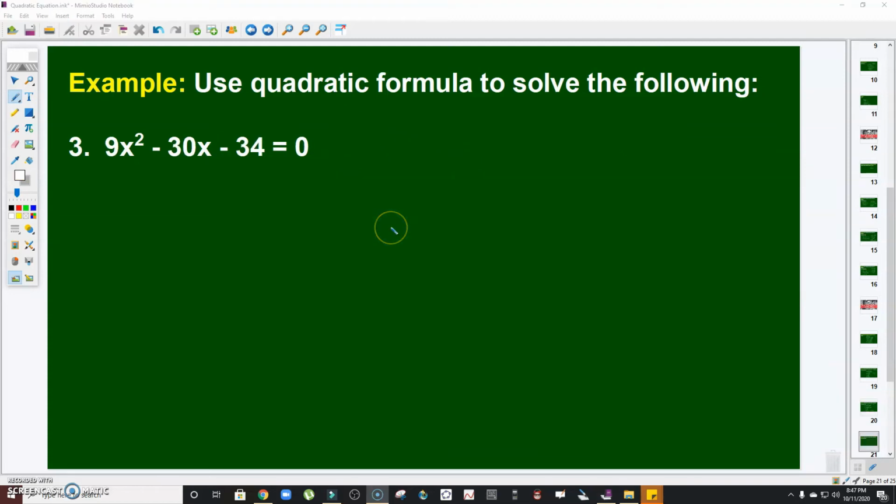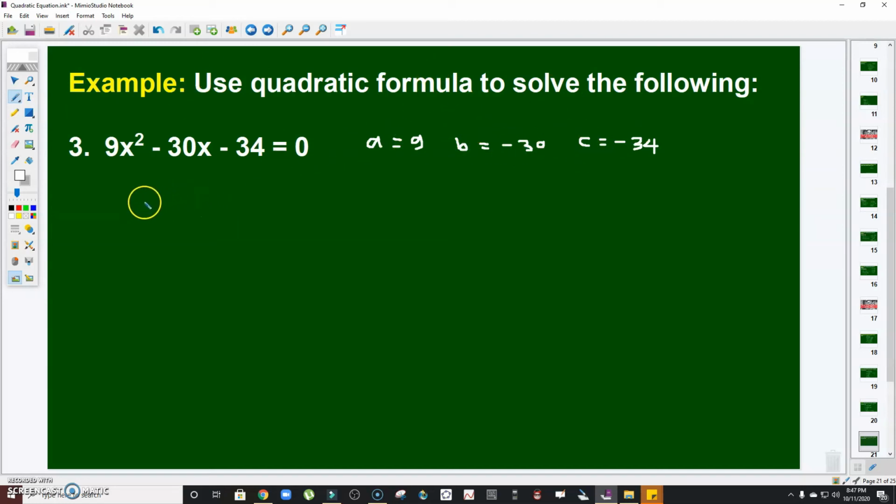Clear? Okay, problem number 3. Using quadratic formula, solve this equation. Once again, we set a equals 9, b equals negative 30, and c equals negative 34. Again, if we substitute the values of a, b, and c in the quadratic formula, they are medyo malaking numbers.